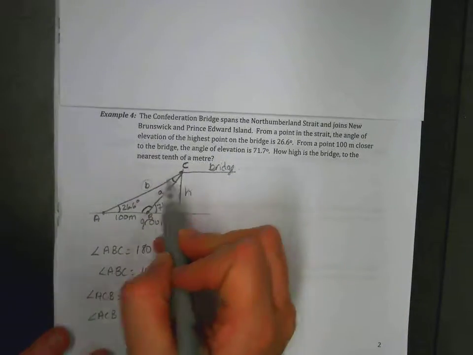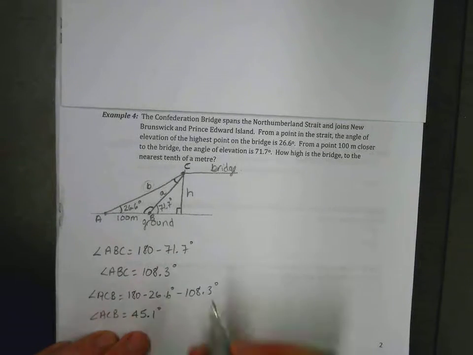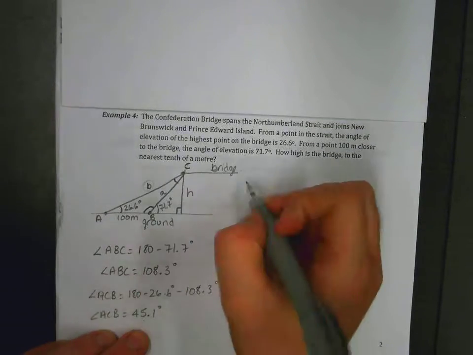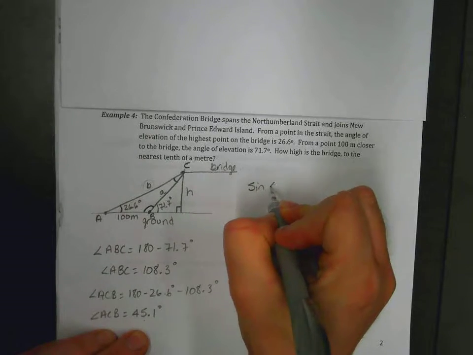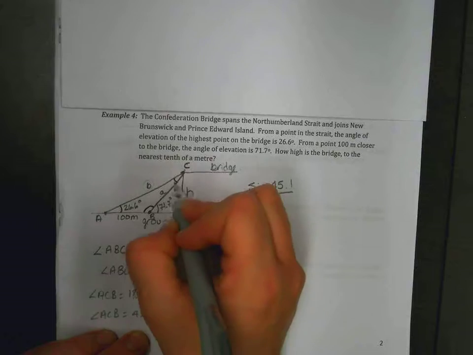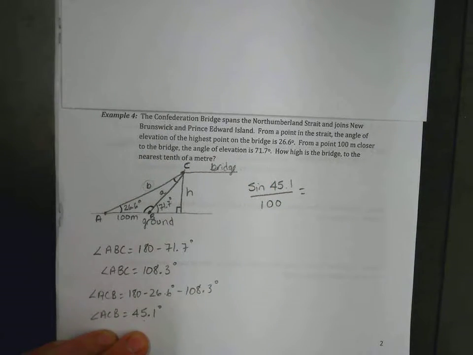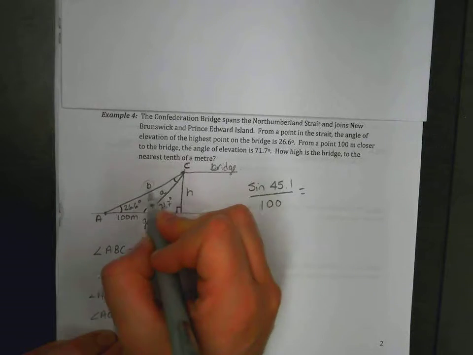Okay, so I'm eventually going to work with this big right angle triangle here. So I'm going to take the sine of 45.1. Now I'm using my sine law in this oblique triangle over its opposite side, which is 100. I'm going to make that equal to, because I'm looking for side B, I want the angle opposite of that, which is 108.3.